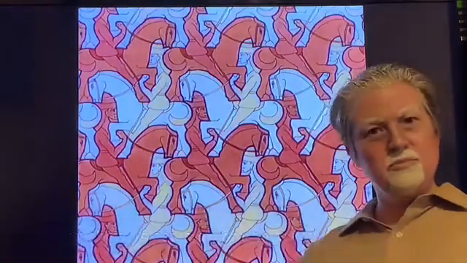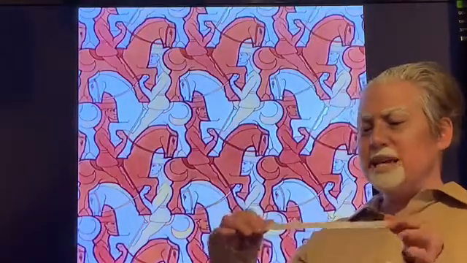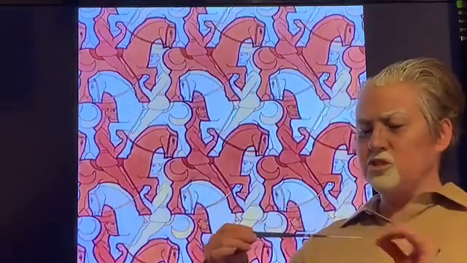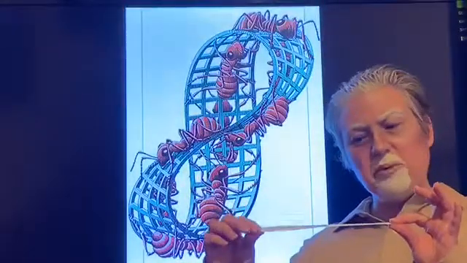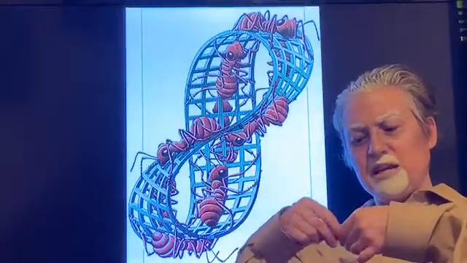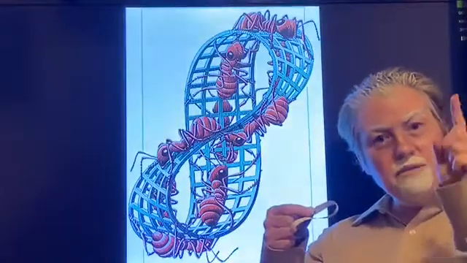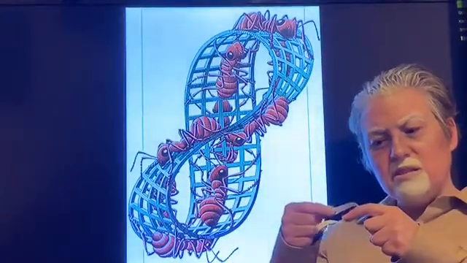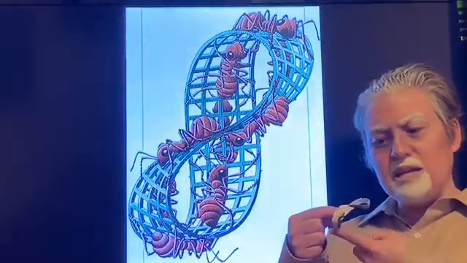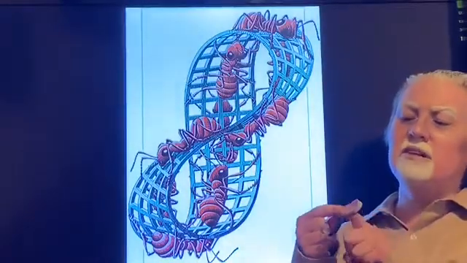Can you show us some other things that you did as an artist? But sure. This is a strip of paper, just a normal paper. And I noticed that if I take this paper and I twist one edge and then I join it together, it forms an infinity symbol. Meaning, if I put my finger on the paper and keep it going around and around, it never leaves.